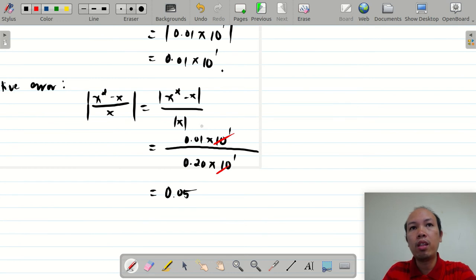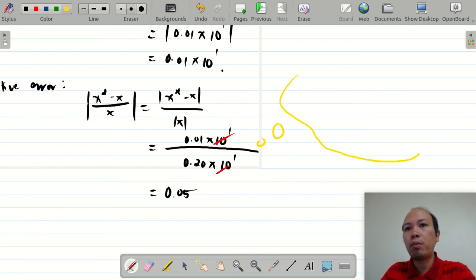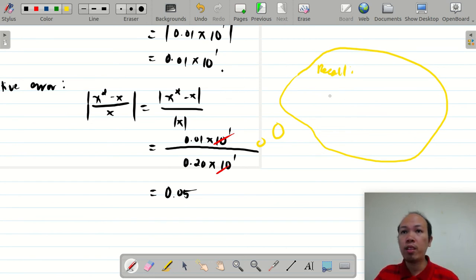If you recall, again, let's have a bubble thought here. Imagine that in division, times 10 to the 1 is just x, so it is 0.20 times x. In division, you can cancel out this one here.